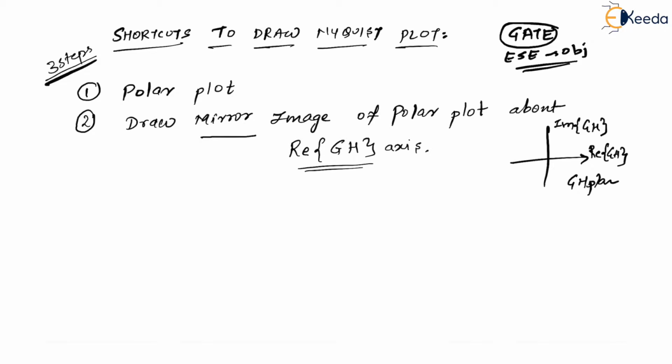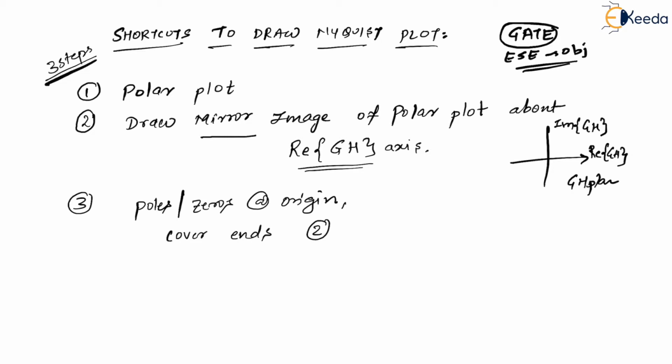Third step is also very important. If you remember, the third step is: if you have any poles or zeros at the origin, then you have to cover the ends of the plot with semicircles.